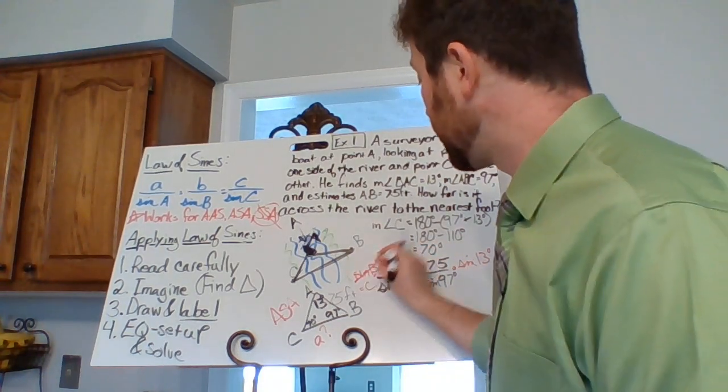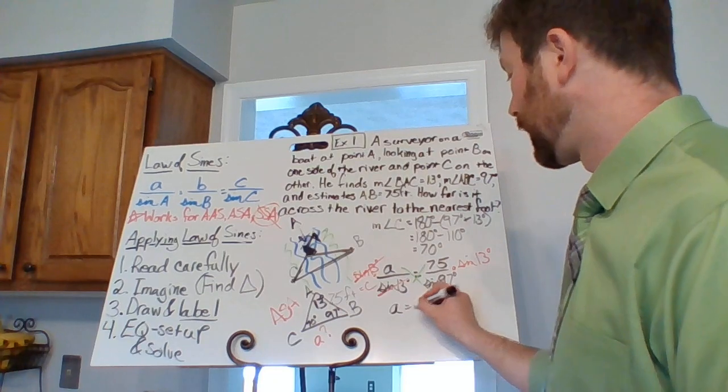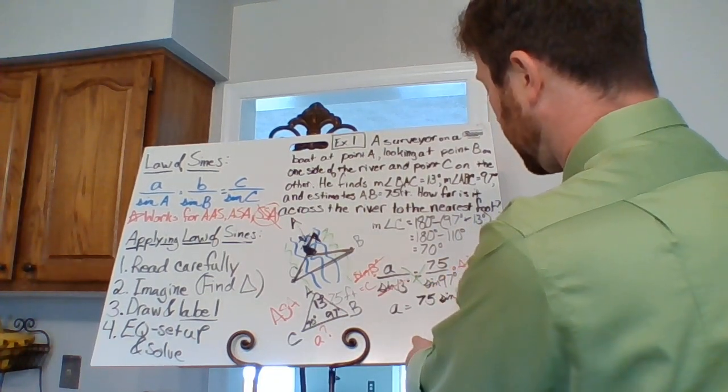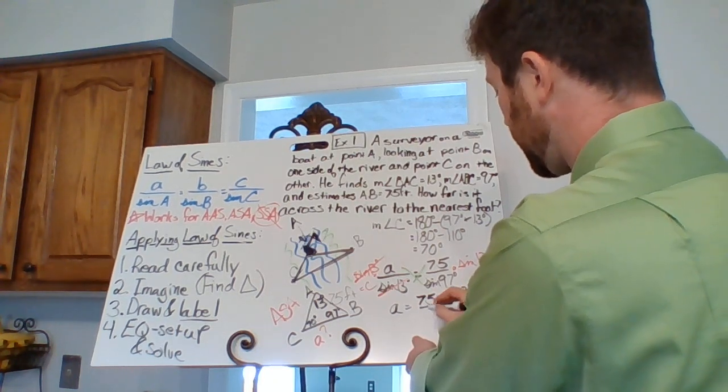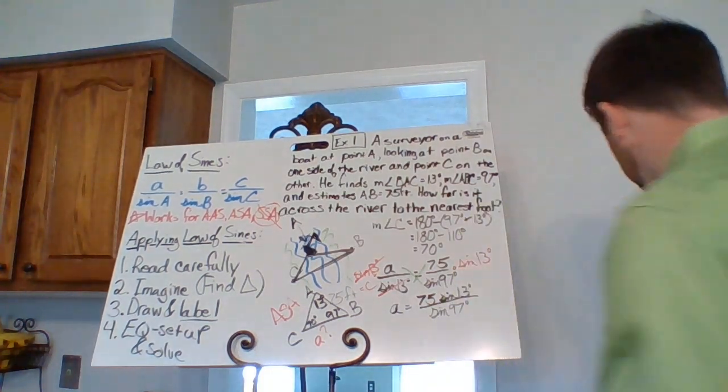Okay, these sines cancel. A is all by itself, and it's going to be equal to 75 times the sine of 13 degrees divided by the sine of 97 degrees.